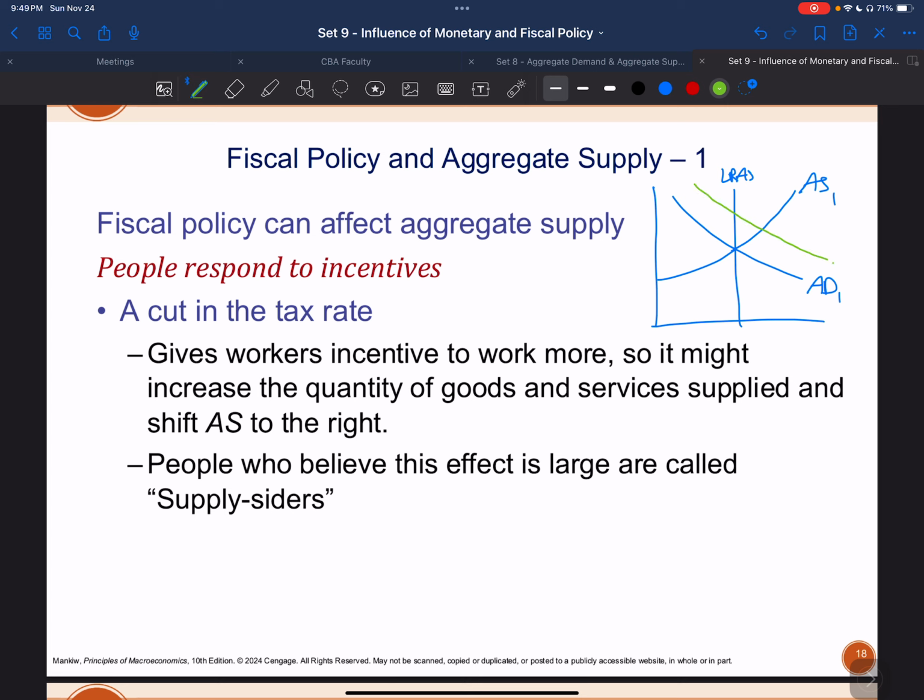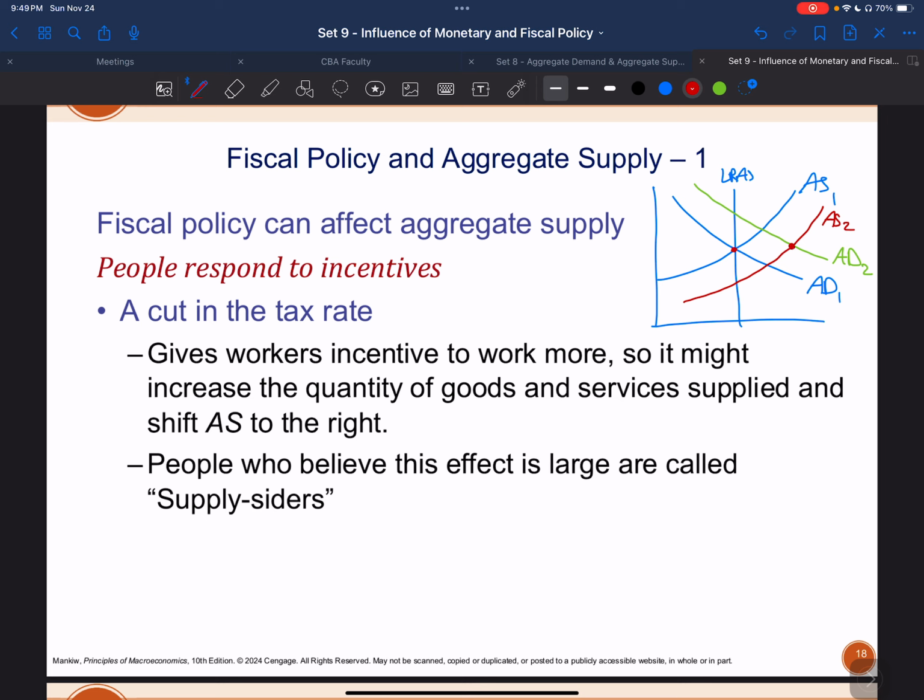It is going to shift the aggregate demand to the right. At the same time, this gives the workers an incentive to work more, so it might even increase the aggregate supply, shifting the aggregate supply to the right as well. So we will have this new equilibrium point compared to the previous one.